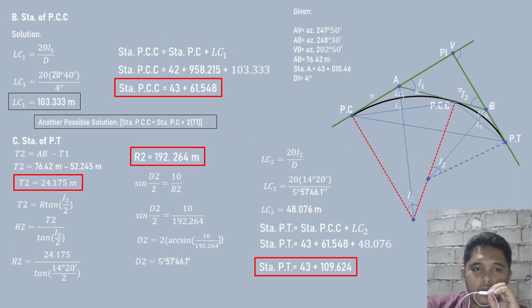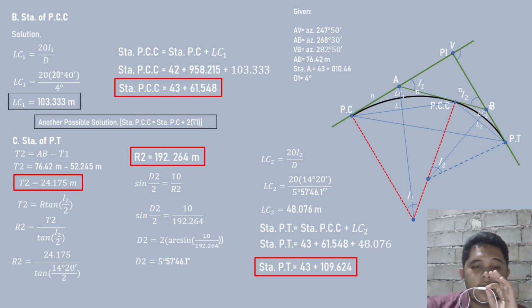Next, we solve for the stationing of PCC. There are many ways to do this. We can solve for the stationing of PCC from PC by adding the stationing of PC plus L1, or stationing of PC plus 2T1.